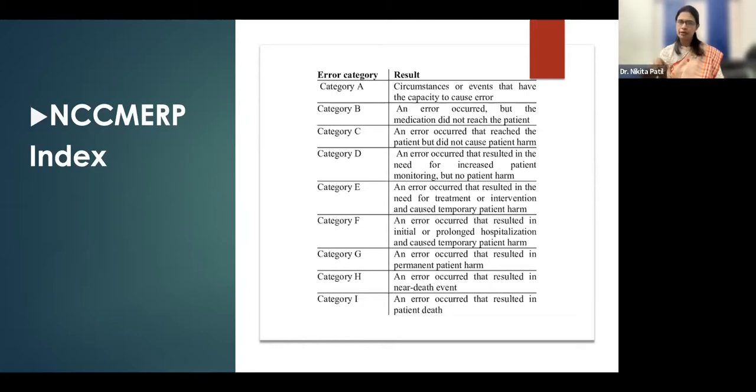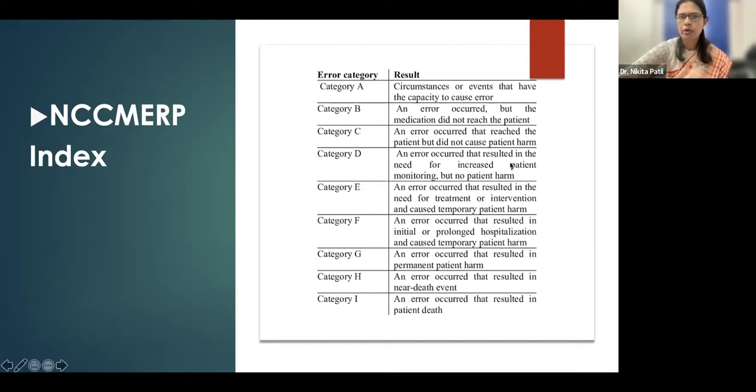So the error occurred and reached the patient. Third, category C: an error occurred that reached the patient but did not cause patient harm. Many a time overdose occurs, we inject an intrathecal overdose, and then we have to just observe. No harm is seen here.